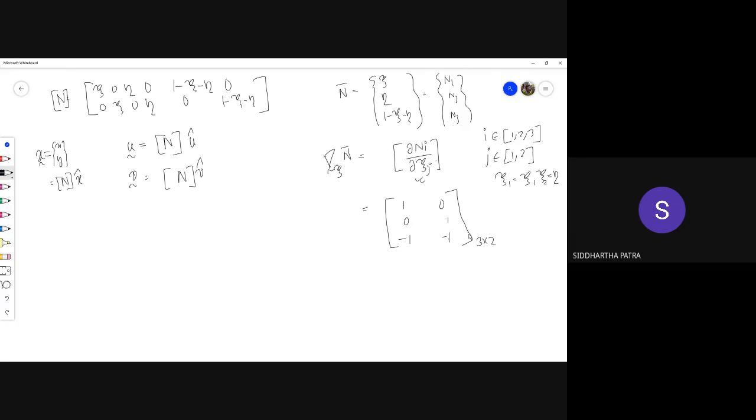But as you might recall, we need the derivative of the shape functions with respect to the physical coordinates.